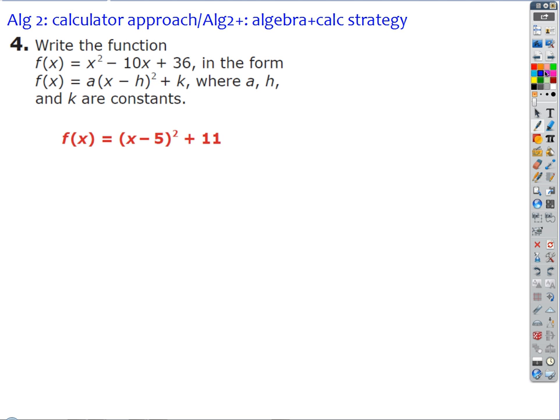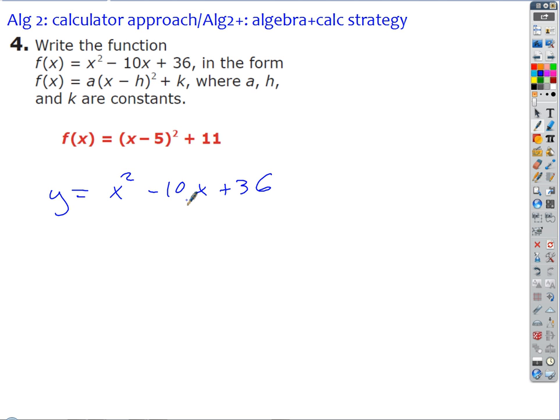So if we want to put it into this form right here, what are we really doing? All we're doing is just completing the square, right? So if we start with this equation up here, y equals x squared minus 10x plus 36, all we've got to do is take these first two terms and complete the square.